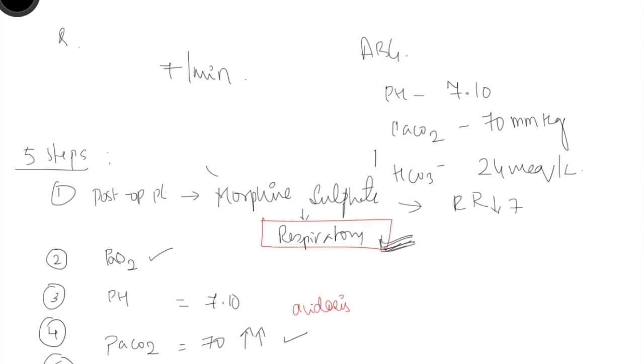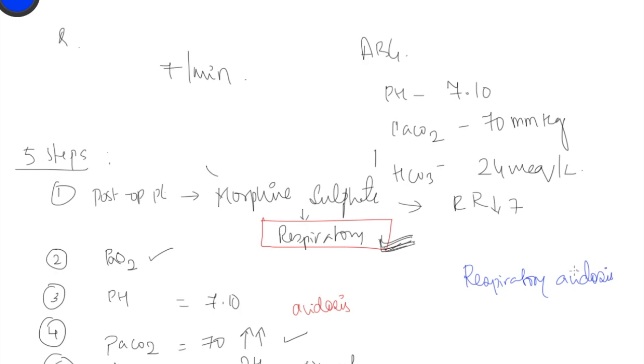Now what is the last step? To look at the bicarbonate levels. What is it? It is 24. Is 24 normal? Yes, this is normal. So now what is the primary problem? The primary problem is respiratory acidosis.